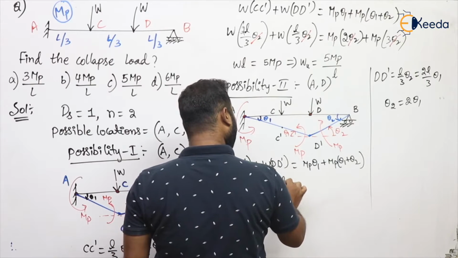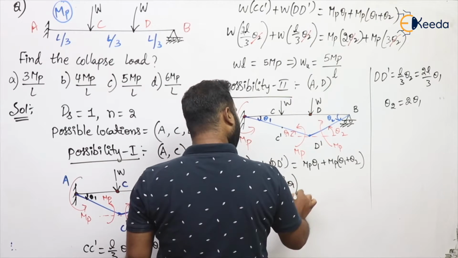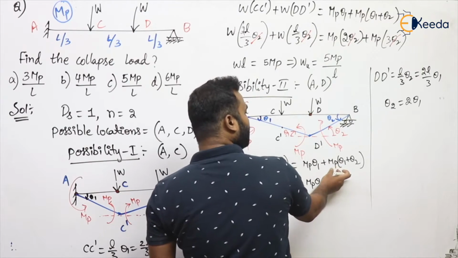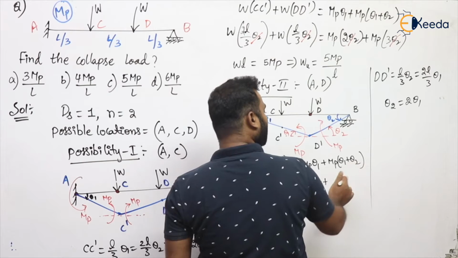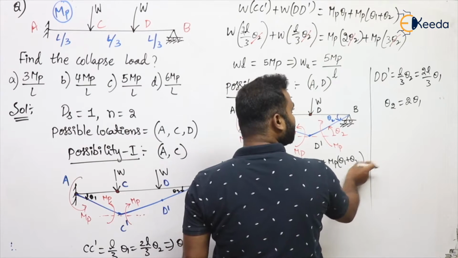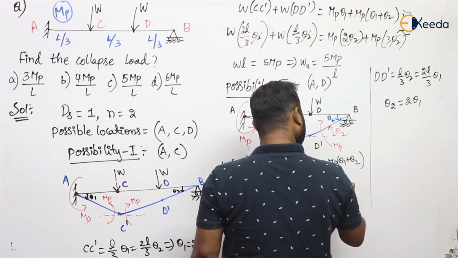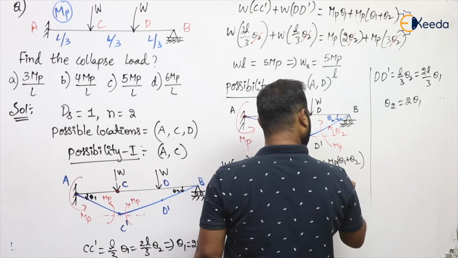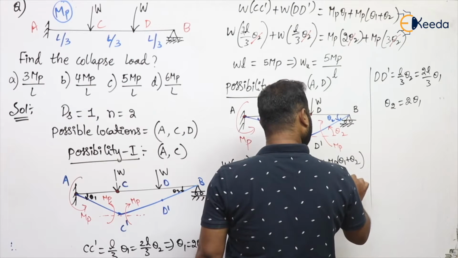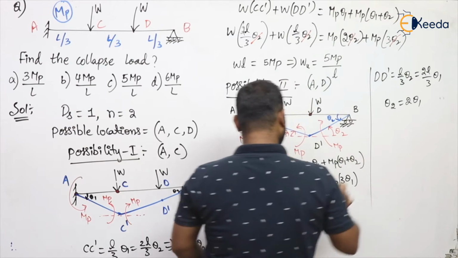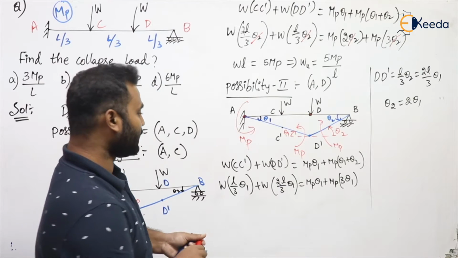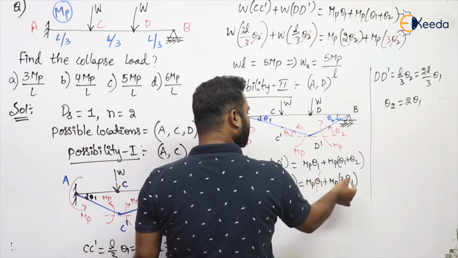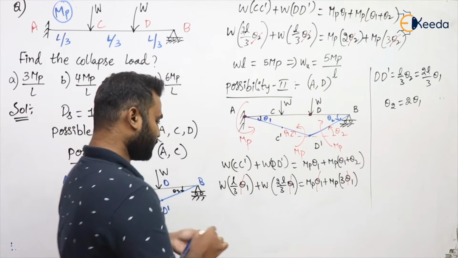So that is 2L by 3 theta 1 is equal to MP theta 1 plus MP into theta 1 plus theta 2. Here theta 2 is 2 theta 1, that is 3 theta 1, right? Now cancel theta 1 in this whole expression. So theta 1 will get cancelled everywhere. Is that okay?